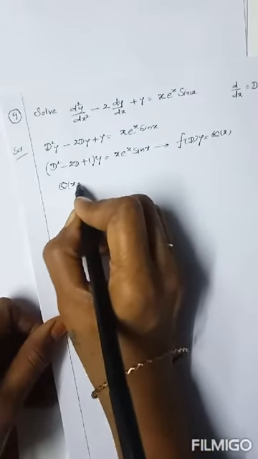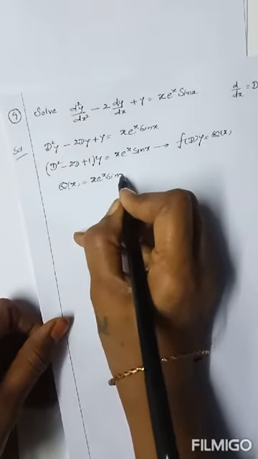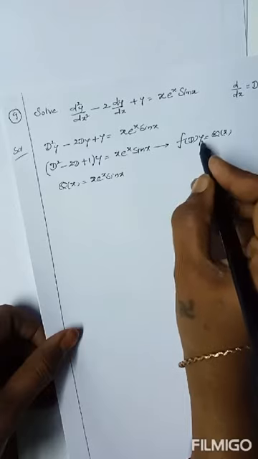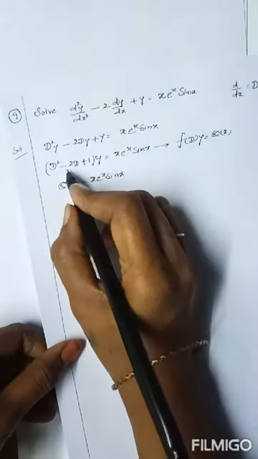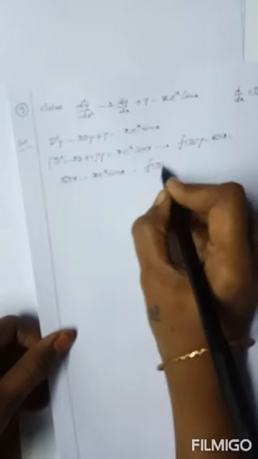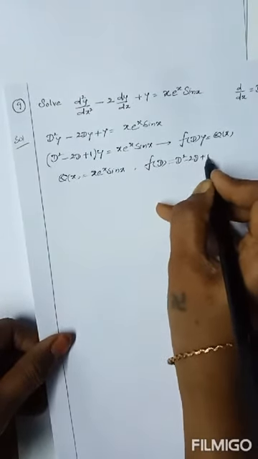By comparing both forms, q of x equals to x e power x sin x, and f of D equals to D square minus 2D plus 1.